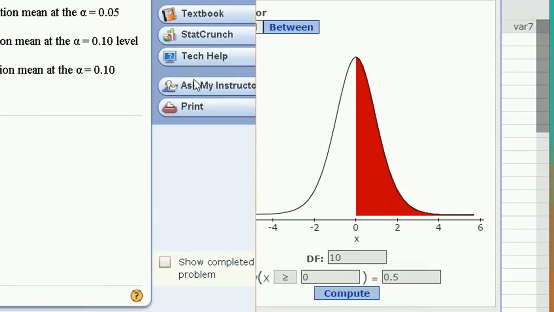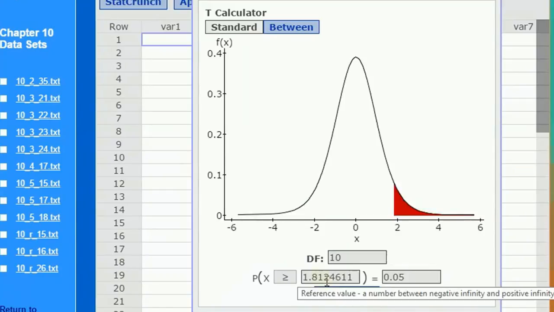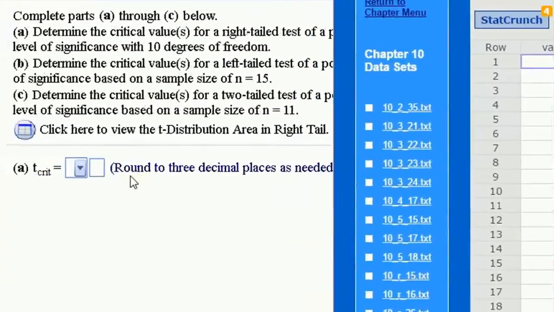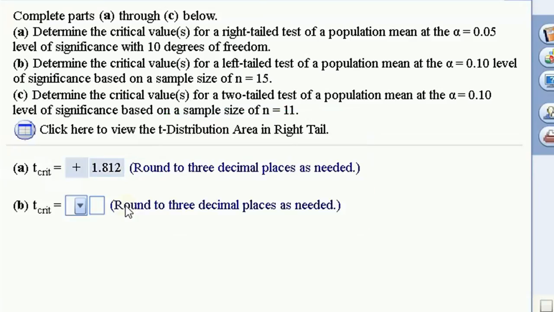What was it? 0.05. Okay, so just correct that here and hit enter, and I get my cutoff. This is great. 3 decimal places, I'm going to take 1.812 and bring it in here. My t critical value is equal to positive 1.812 for the right-tailed test.